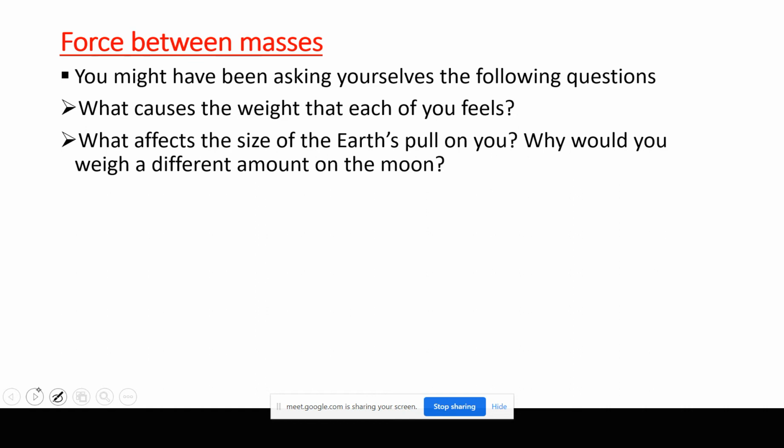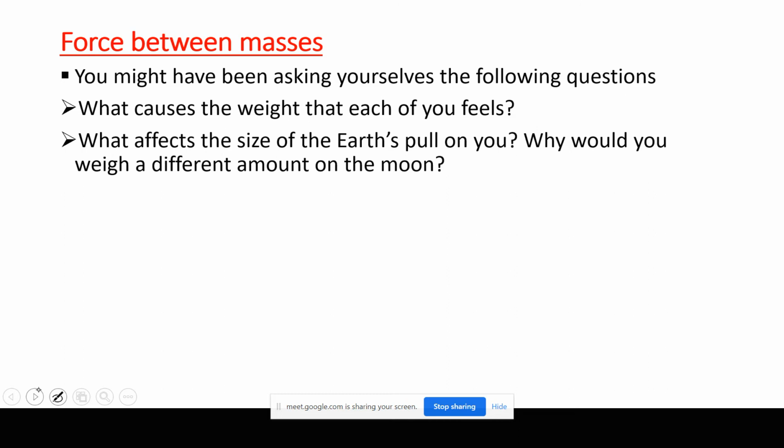Then the question is, why would you weigh a different amount on the moon? It's also because of the mass of the moon. The mass of the Earth is not the same as the mass of the moon. In fact, the mass of the Earth is many times greater than the mass of the moon.